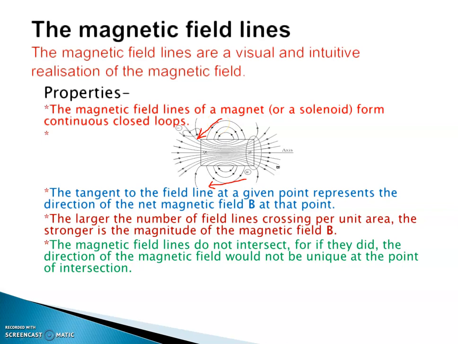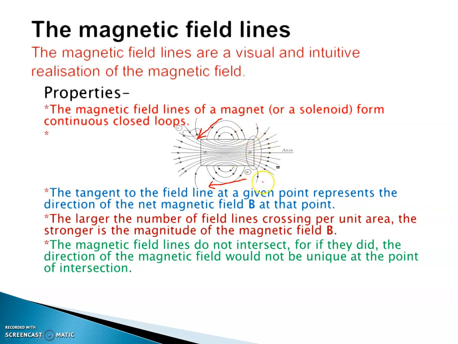The other thing that is very important for us to understand is that the density of magnetic field lines gives the strength of magnetic field in a particular region.